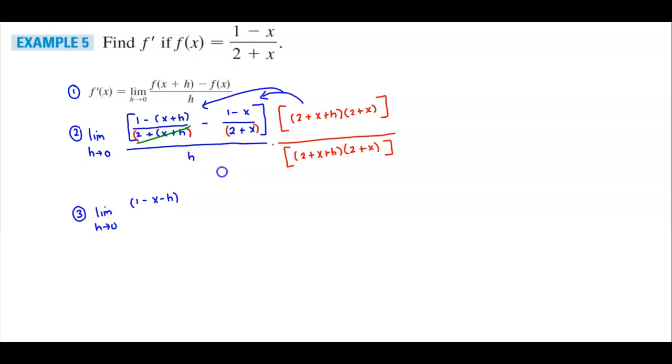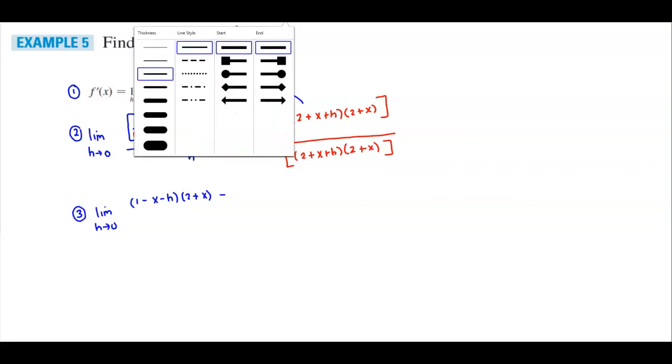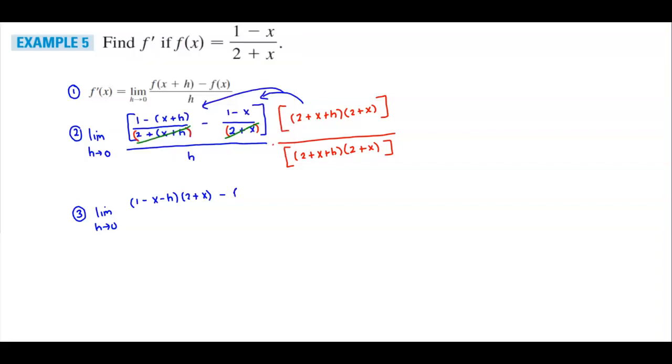And then we eliminate the 2 plus x plus h, so we multiply that by 2 plus x, minus, and then in the next denominator we can eliminate the 2 plus x. So we have 1 minus x times 2 plus x plus h. And then in the denominator, we have h times 2 plus x plus h times 2 plus x.